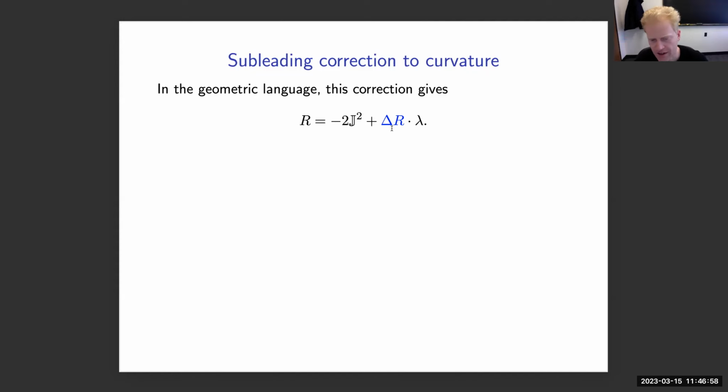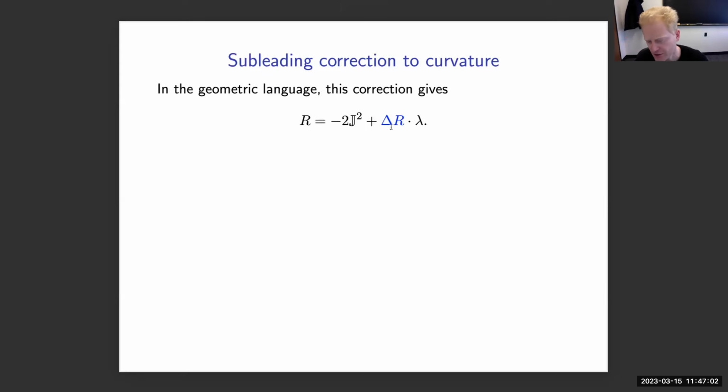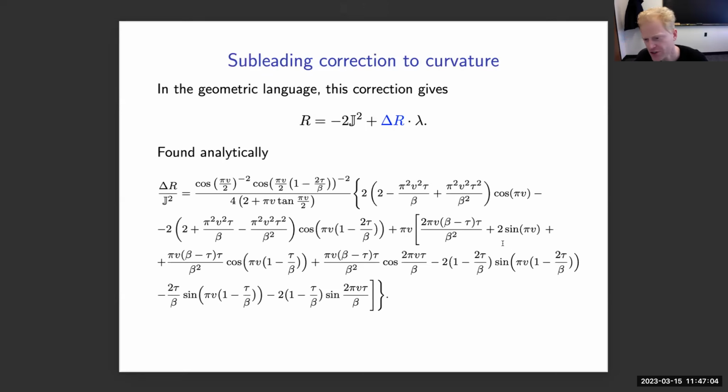This calculation of G1 gives us this delta R, and it gives some expression. Of course, it's not super short, but it's just some analytic expression as a function of tau. So at one loop, we get this small correction analytically.